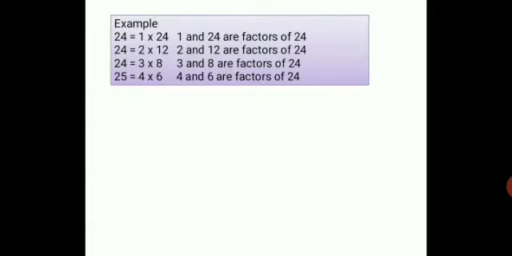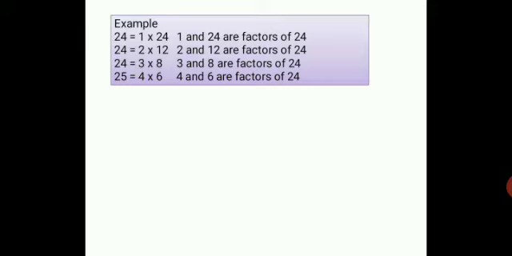We have some more examples here. 24. 1 into 24 is how much? 24. So 1 and 24 are the factors of 24. 1 divides 24 completely. 24 divides 24 completely. So 1 and 24 are the factors of 24. Now 24. 2 12s are 24. You are getting the product 24 when you are multiplying two numbers.